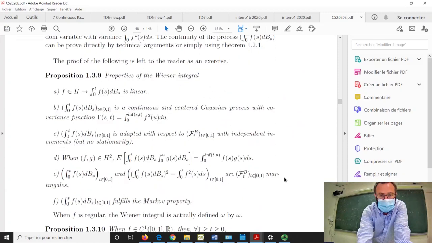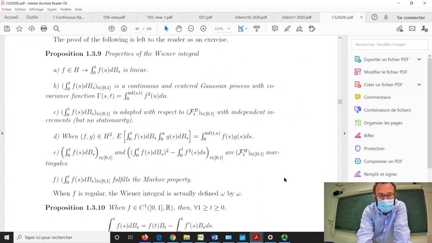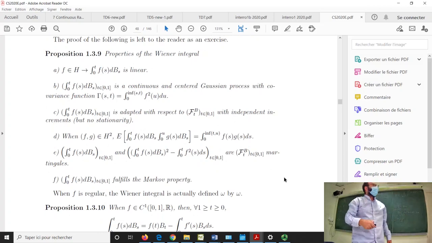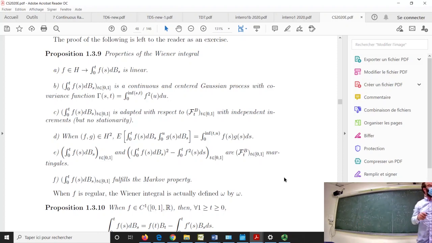And you have several properties for this Wiener integral. You will see that my job now will be to prove properties for the Brownian motion. And since the Brownian motion is a very particular case of the Wiener integral, I will have the analogous for the Wiener integral.